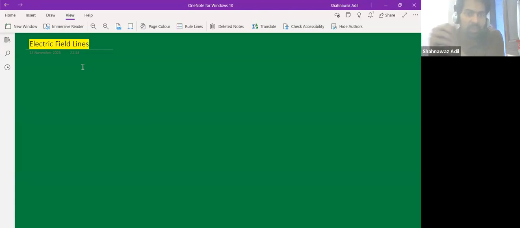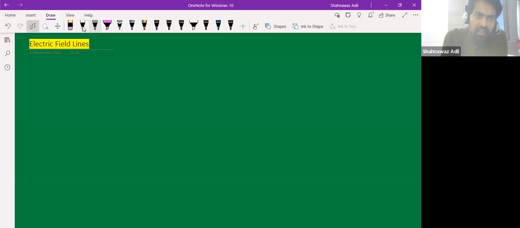These are conceptual things, which help us understand the direction and the properties associated with the electric field, right? So electric field lines are a hypothetical concept.